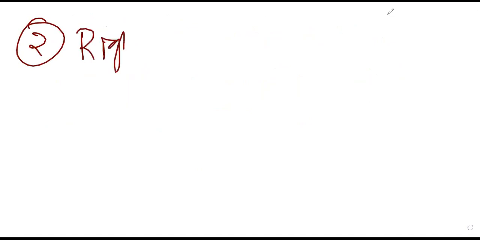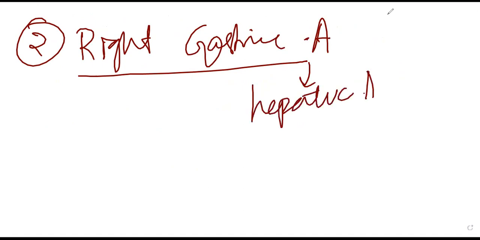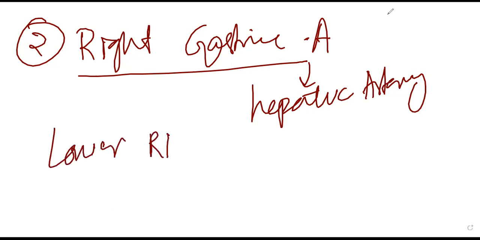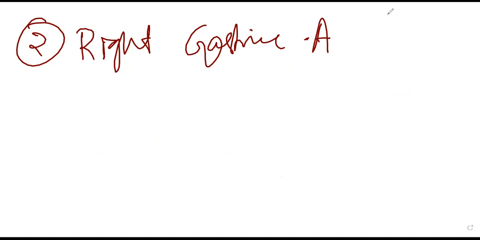This is the left gastric artery. Number second is right gastric artery. So the right gastric artery is a branch of hepatic artery. And the right gastric artery supplies blood to the lower right part of the stomach. This is the second artery.